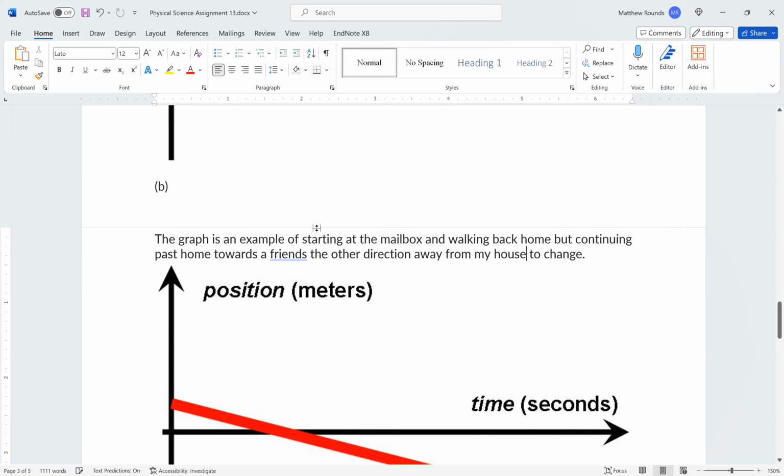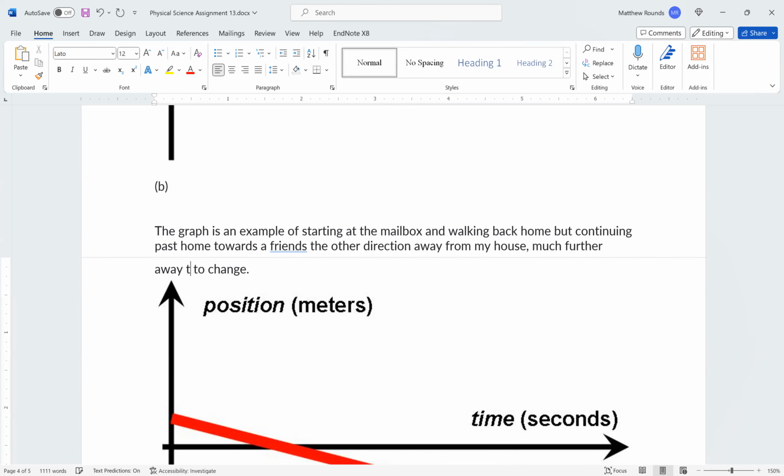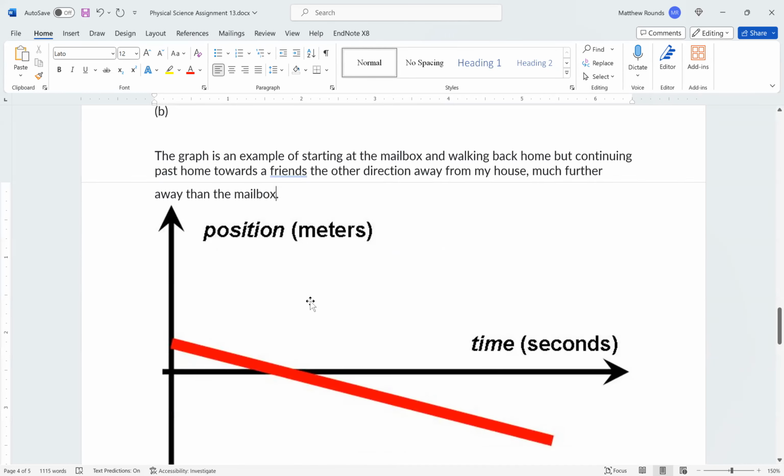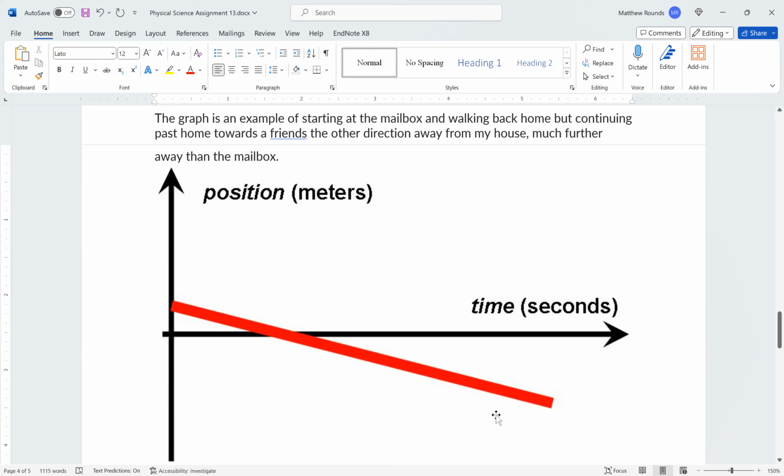And you want to add in here that it's much further away than the mailbox. Right. So the reason is the height here is not the same as the height there.